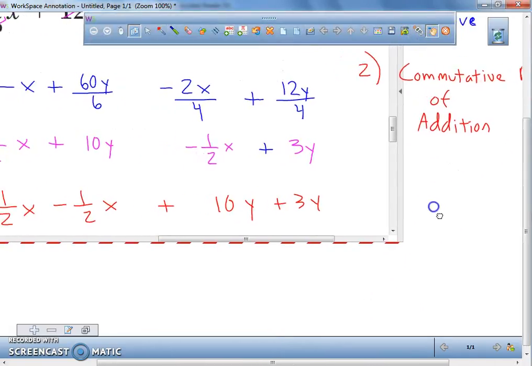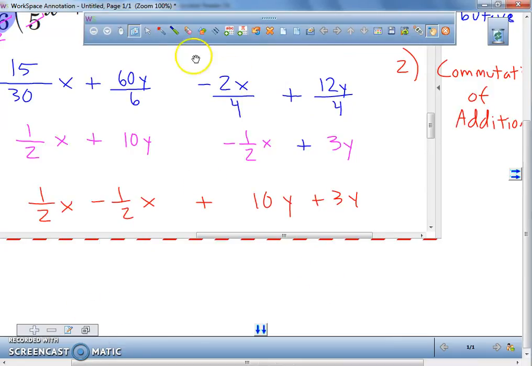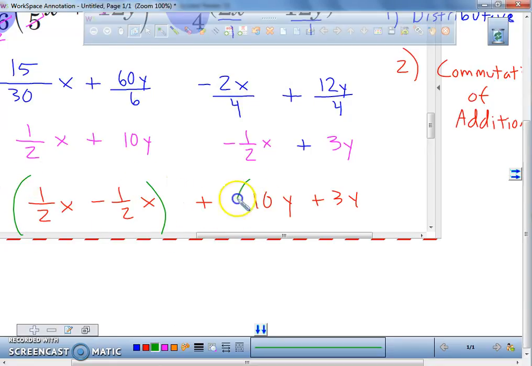See if you guys get the next one. I used green. And what did I add to our expression? Parentheses. Whenever you add parentheses, you're grouping things together. Which one deals with grouping of your properties?